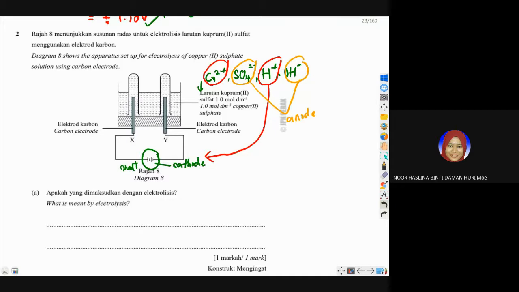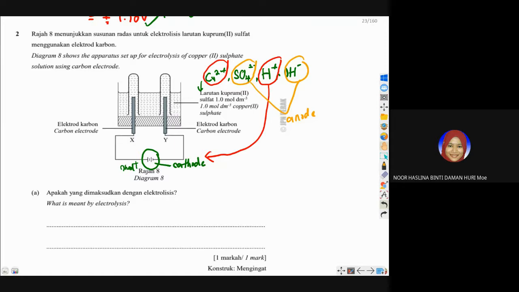What is the meaning of electrolysis? Siapa nak menjawabkan? Okay, siapa nak bagi jawapan ni? Kita tengok jawapan siapa. Page 34. Okay lah, Angel. Ya, memanglah page 34.